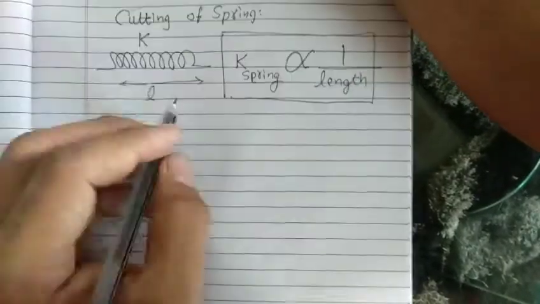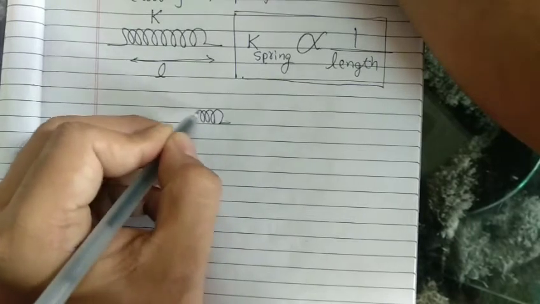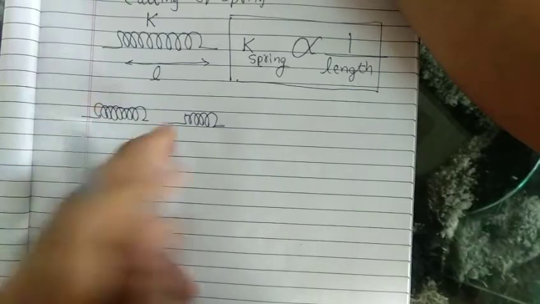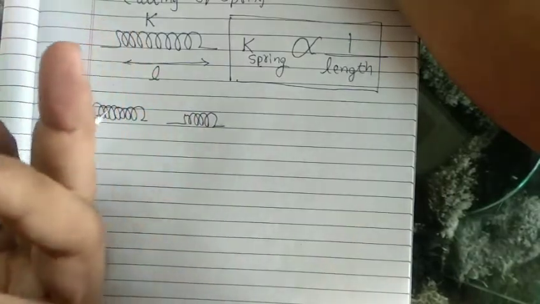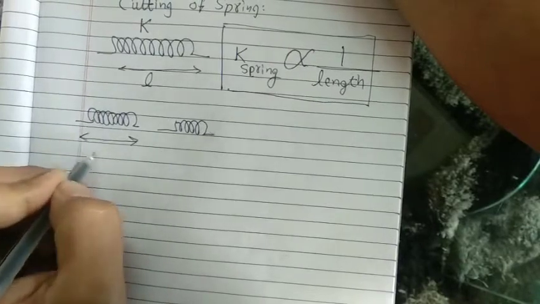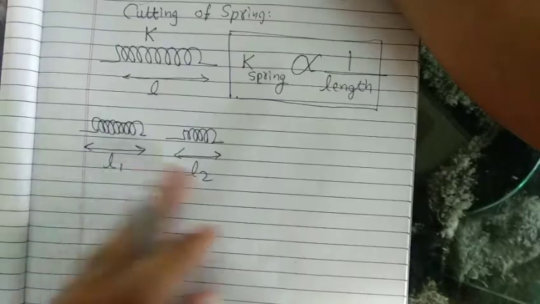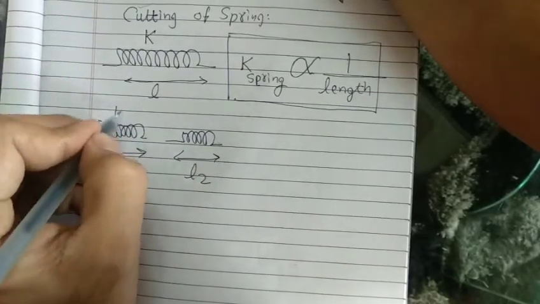Now listen, let's say we cut this spring into 2 parts. Both the parts need not be of the same length. They may be of different lengths. Suppose one is the longer part, L1, and the other is the shorter one, L2. So the spring constant will also change.